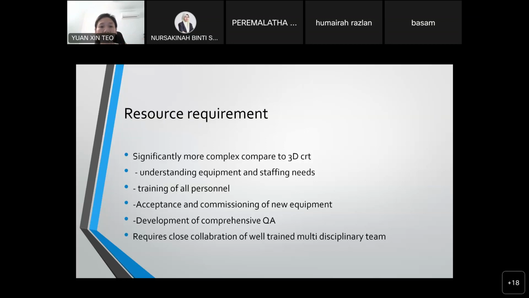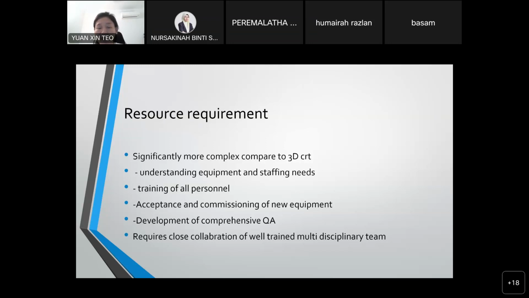It's not. It is much more complex compared to 3D planning. We will need to understand very much about your LINAC machine and staffing. Every physicist and radiographer needs to be trained, because this is totally different from 3D techniques.